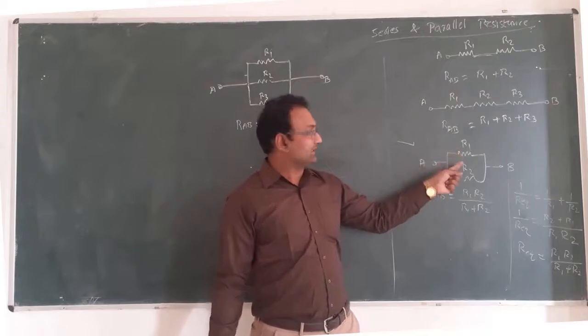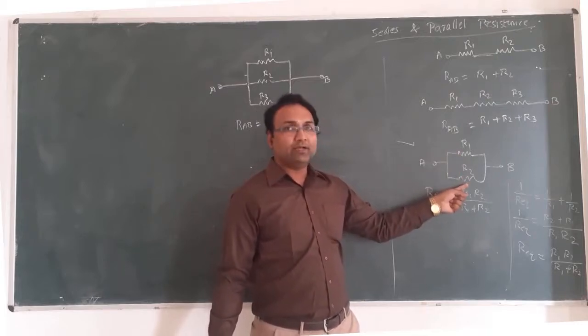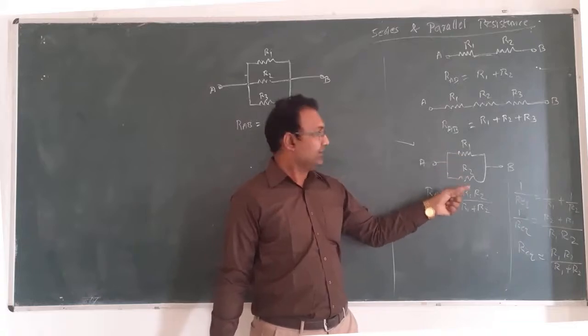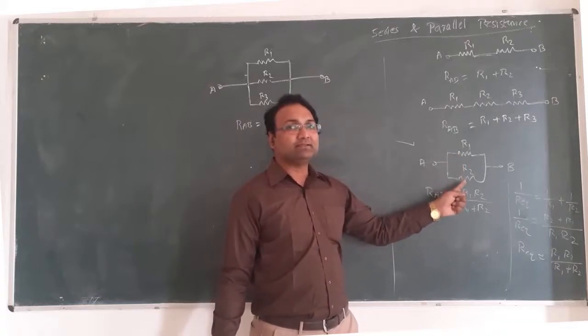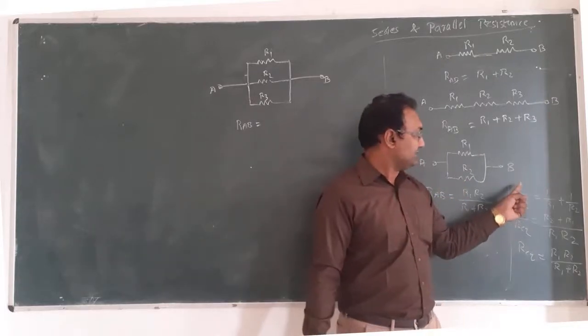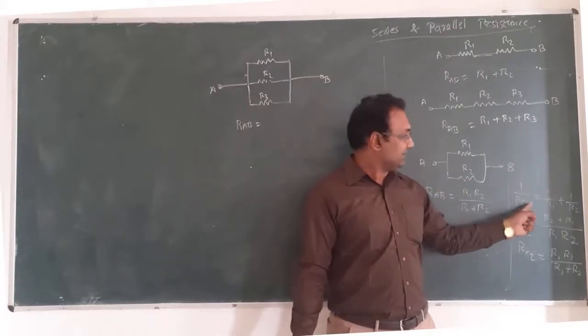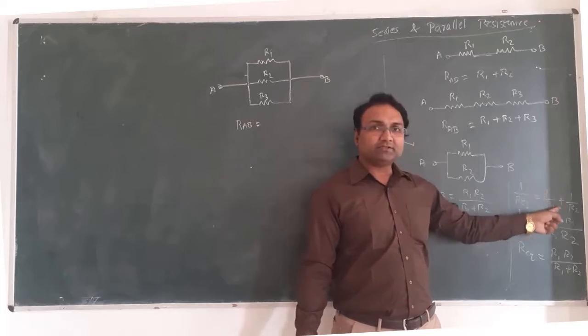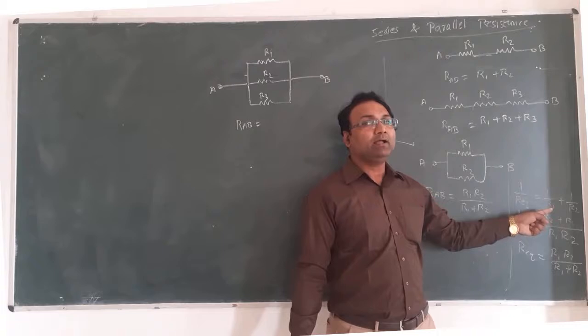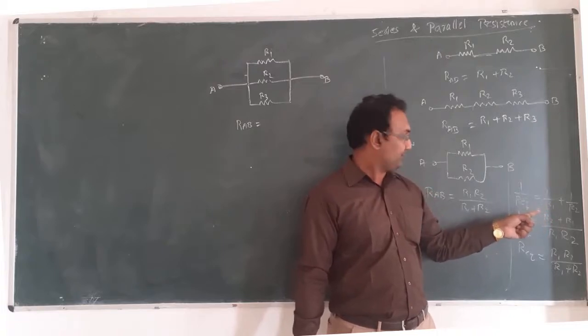If there are two resistances R1 and R2 connected in parallel, the equivalent resistance can be calculated by the basic formula: 1 upon R equivalent is equal to 1 upon R1 plus 1 upon R2. This is the basic formula to calculate the combination in parallel, right?